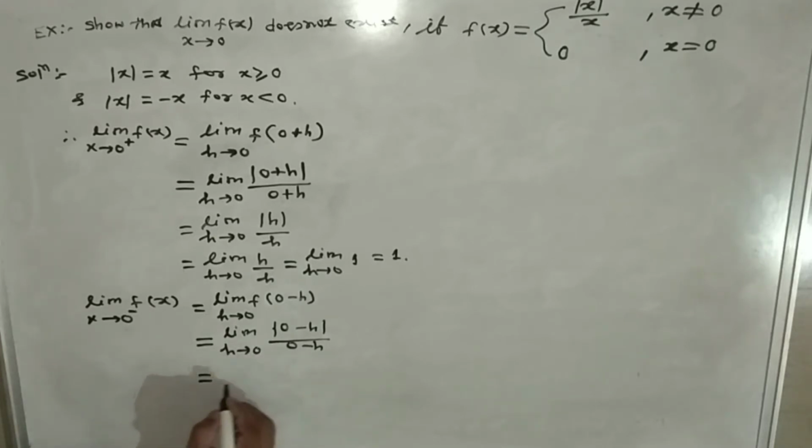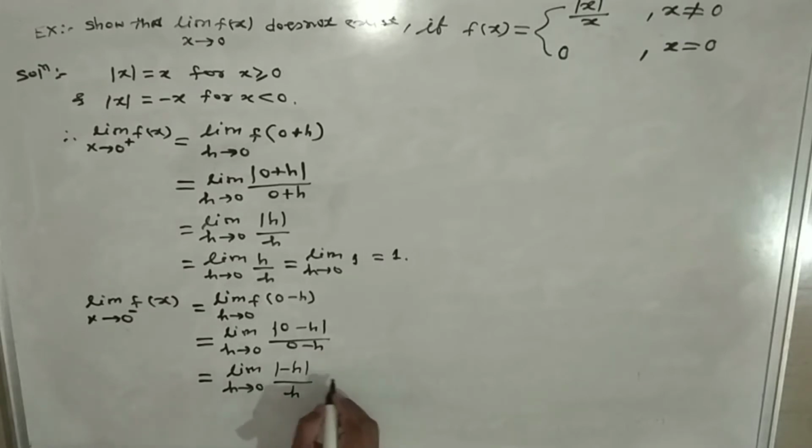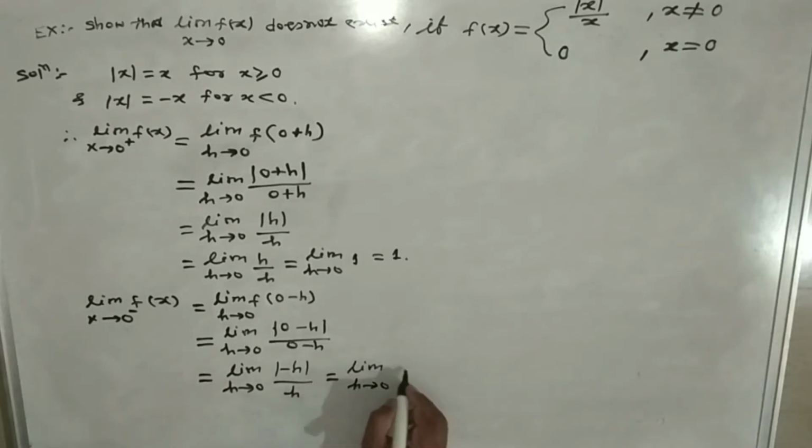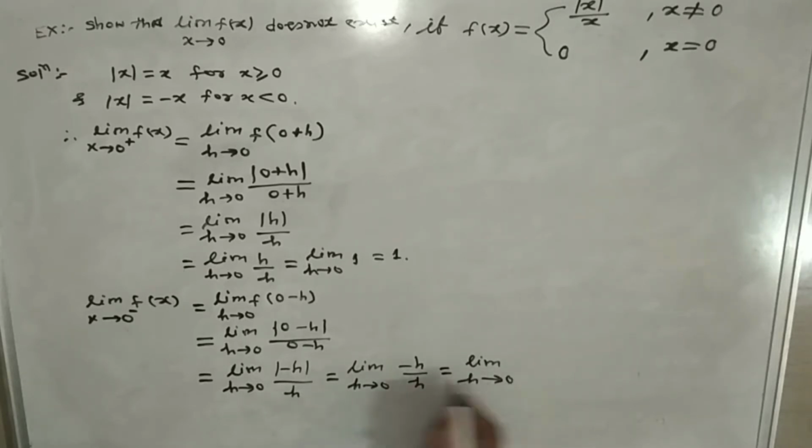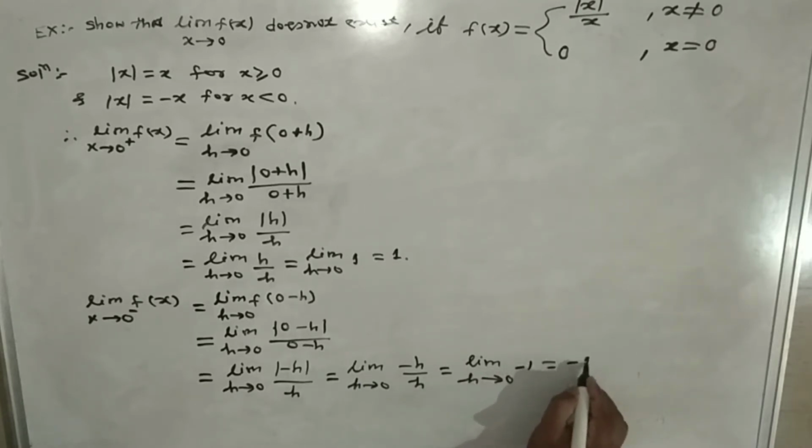Again this is equal to limit as h tends to 0 of mod of minus h upon h, which is equal to limit as h tends to 0 of minus h upon h. Again this is equal to minus 1. So this is equal to minus 1.